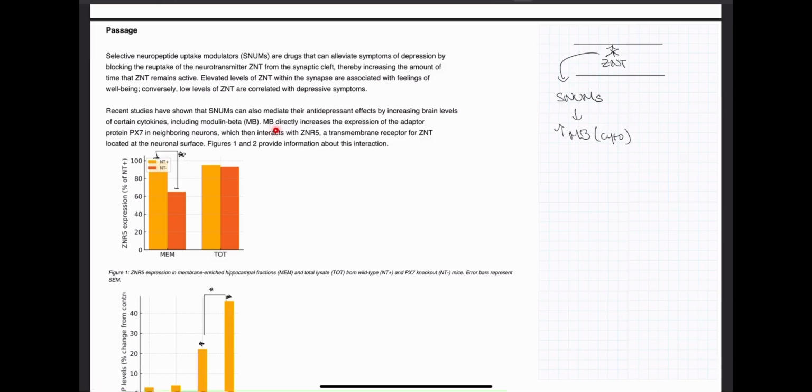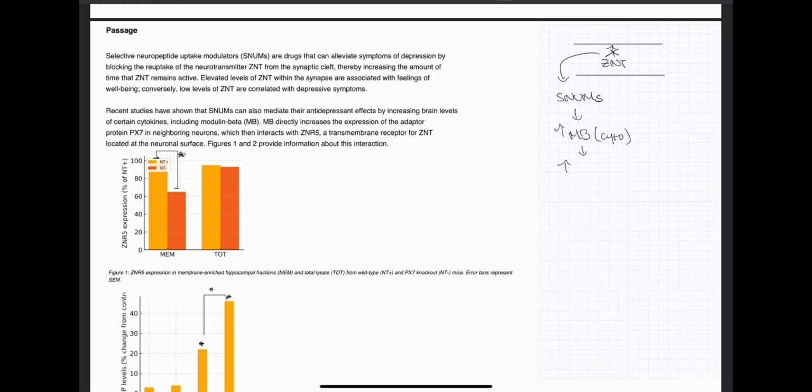Further on, it says MB directly increases the expression of the adapter protein PX7 in neighboring neurons, which then interacts with ZNR5, a transmembrane receptor for ZNT located at the neuronal surface. All right, so we'll finish up our flow chart.